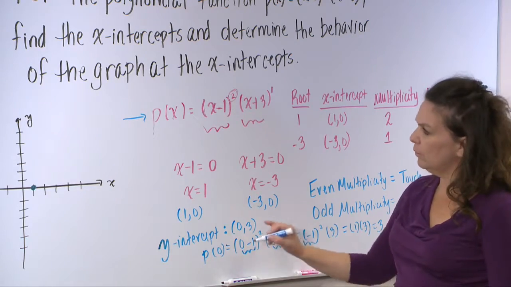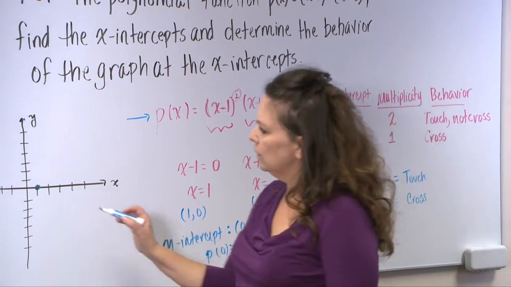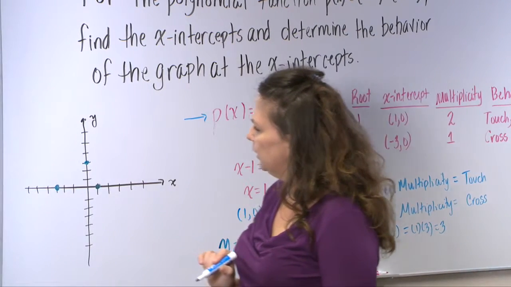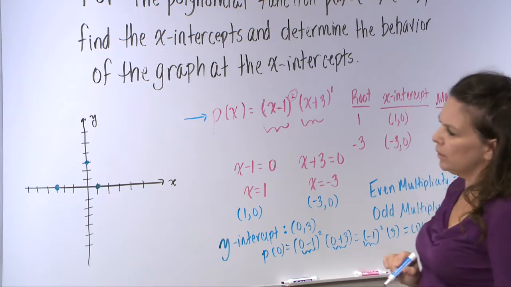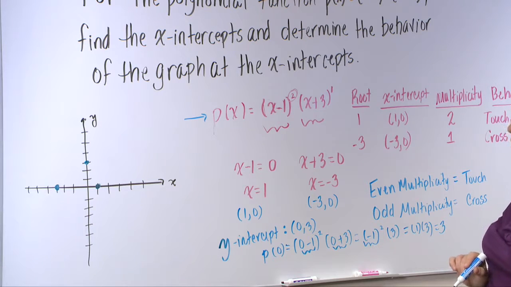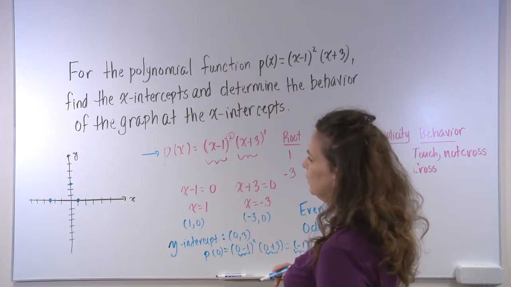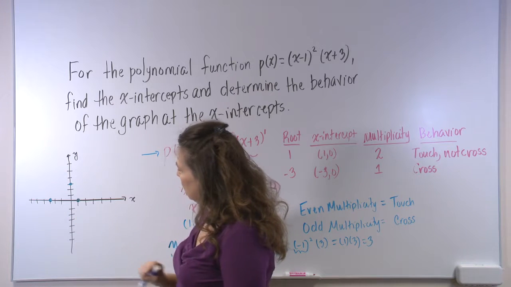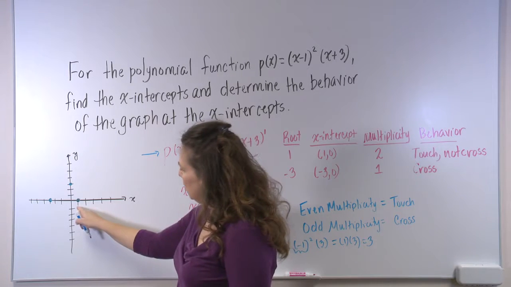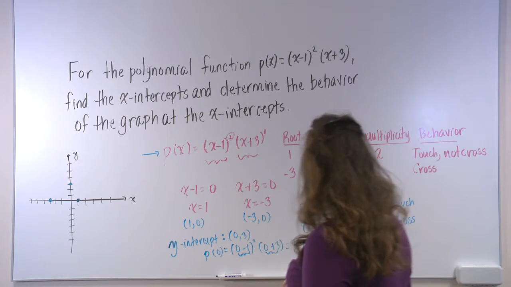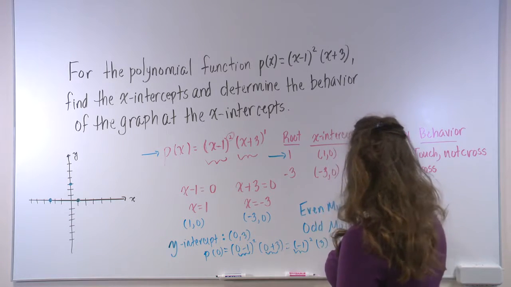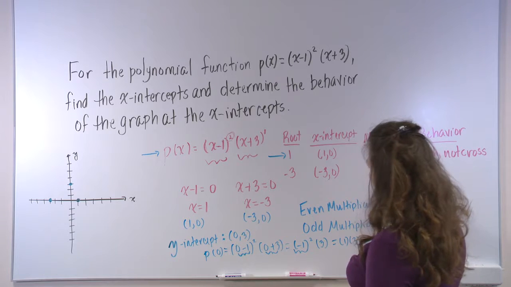I'll go over to the graph and I'll plot that point, 0, 3. So now I'm ready to graph this function. I'm just going to do a quick sketch. I'm going to think about what we said about the behavior of the graph at this x-intercept, 1, 0. So that was right here. At 1, 0, we had a multiplicity of 2.